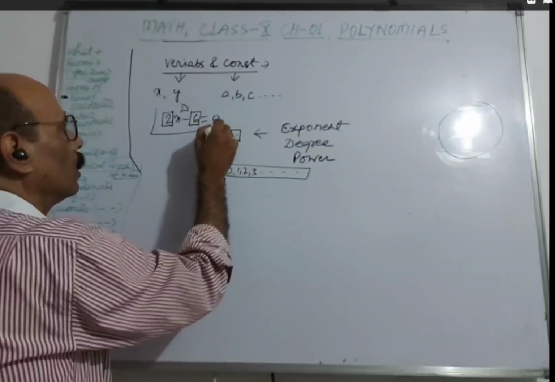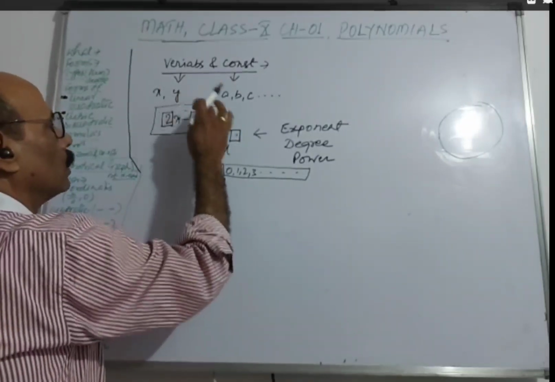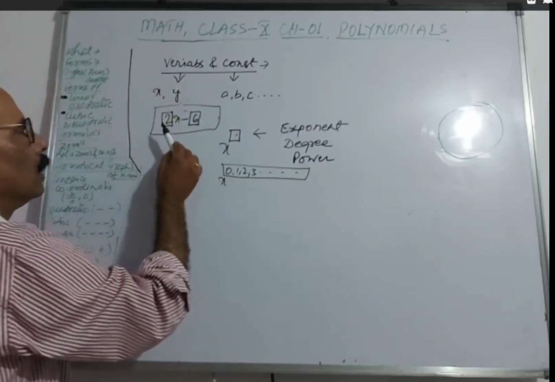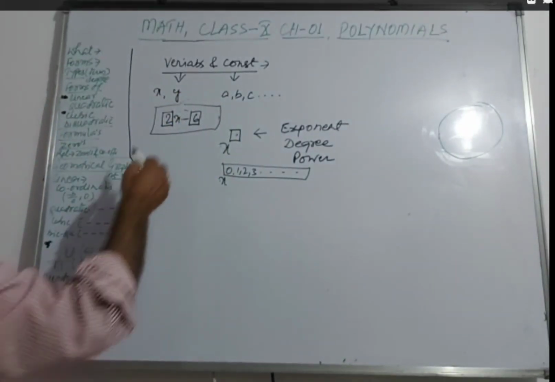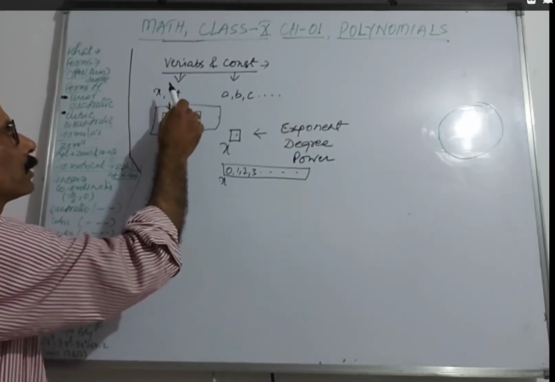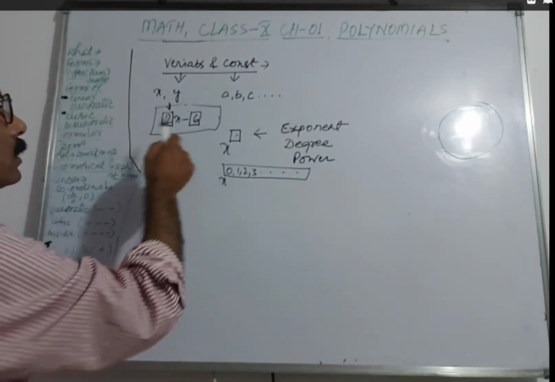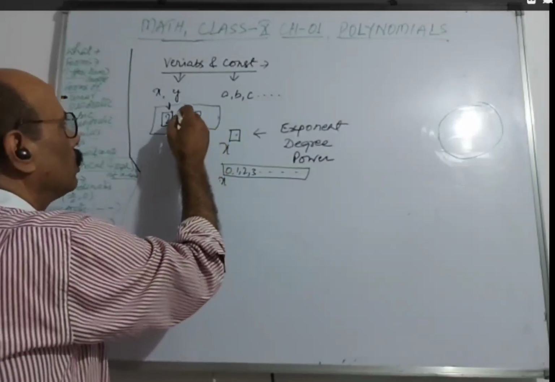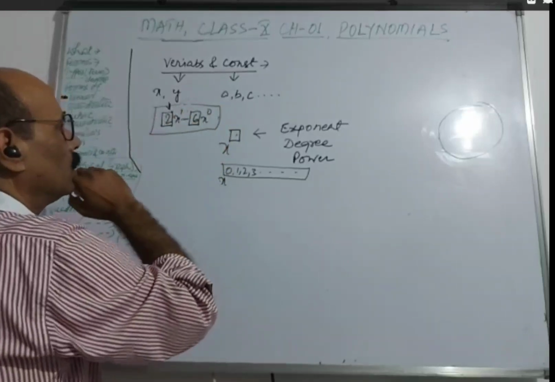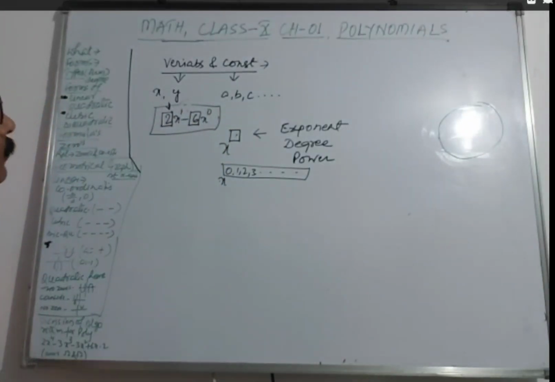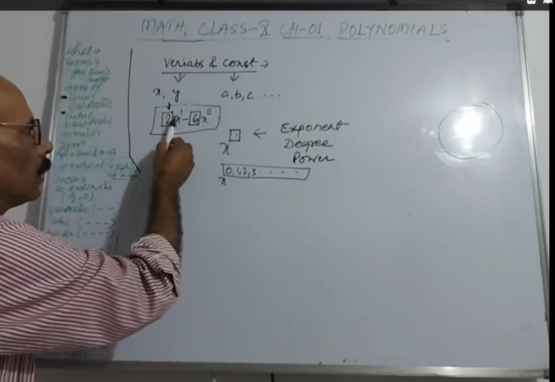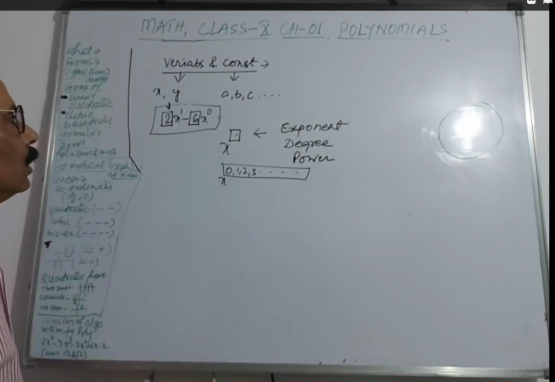In this polynomial, 2 is the coefficient of x to the power 1, and 6 is the coefficient of x to the power 0. So these are the coefficients, just before the variable.